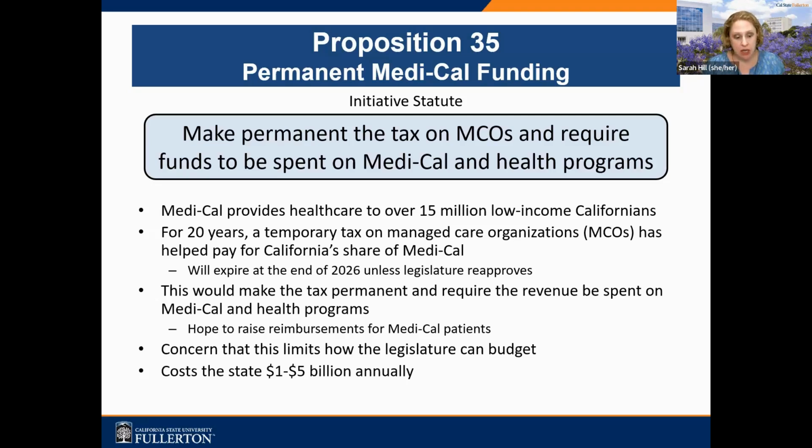So the concern is not that this is an issue. The concern is that this would stick us with a very specific revenue allocation that if the context and circumstances change, like if the federal government changes the way they handle Medicaid and the way they reimburse states, we could be in trouble because we're stuck with this old system that doesn't work with the new federal system.